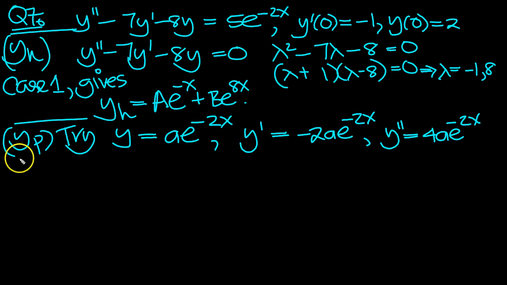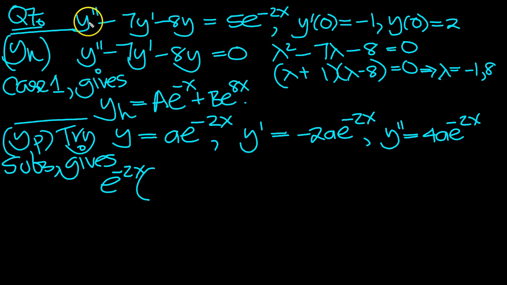Okay, we've got everything we need. So substitution then gives, let's see what we got. There's an e to the minus 2x common all the way through these terms and on the right hand side. So let's just leave that outside of brackets.